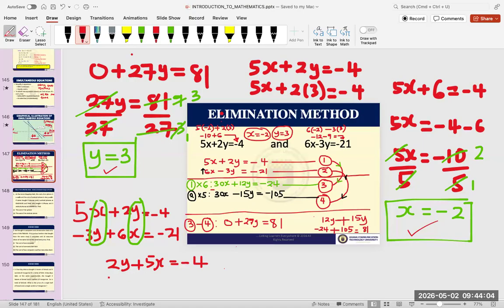And then the second one, -3y plus 6x equals -21. So that in that case, they can now match.